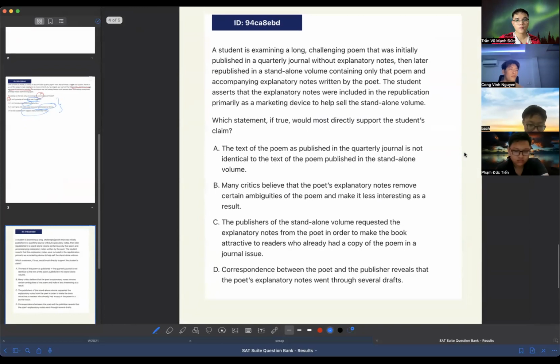This will be... I'm going to ask Back to do this one. You have to pay extra attention to this. Back, you read this question and do it for me. Yes.